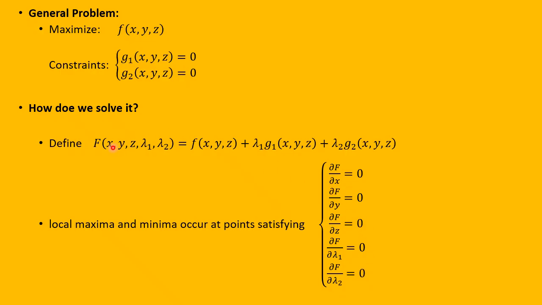So looking at these variables x, y, z, lambda 1, lambda 2, we have the partial of F with respect to x equals 0, the partial of F with respect to y equals 0, the partial of F with respect to z equals 0, the partial of F with respect to lambda 1 is 0, and the partial derivative of F with respect to lambda 2 is also 0. So what we have here basically are 5 equations in the 5 unknowns x, y, z, and the Lagrange multipliers lambda 1 and lambda 2.